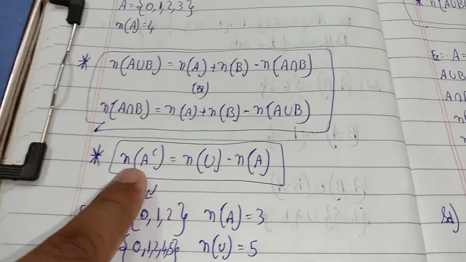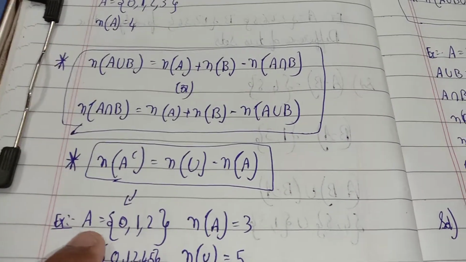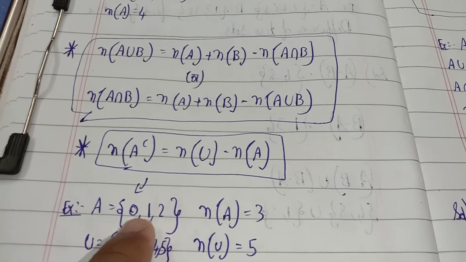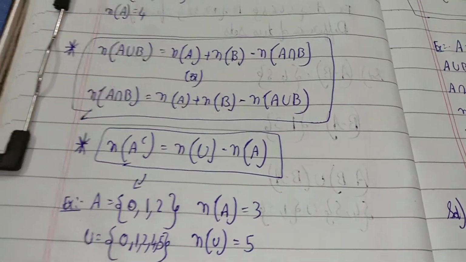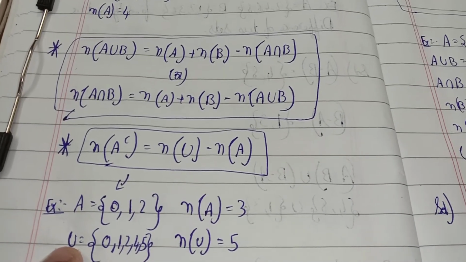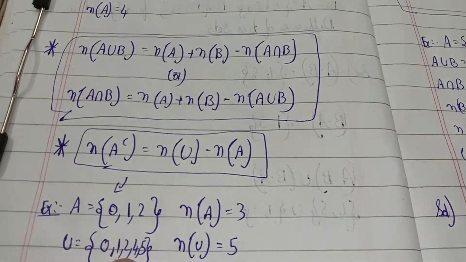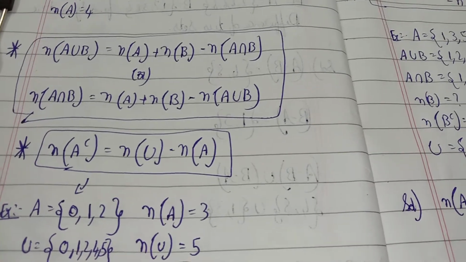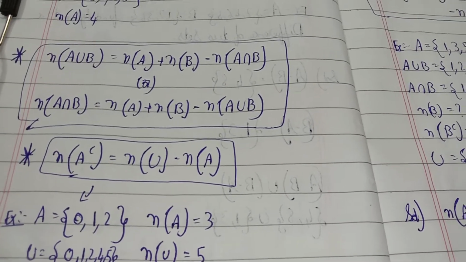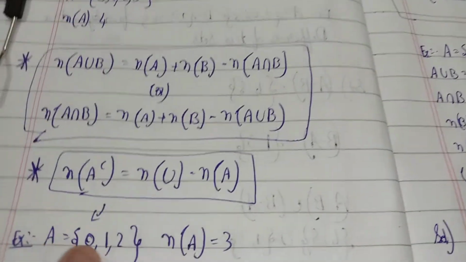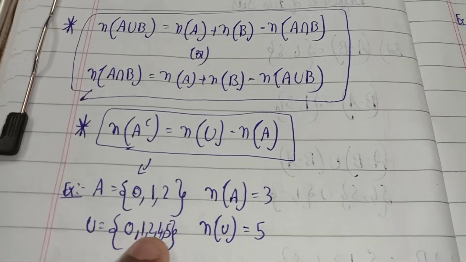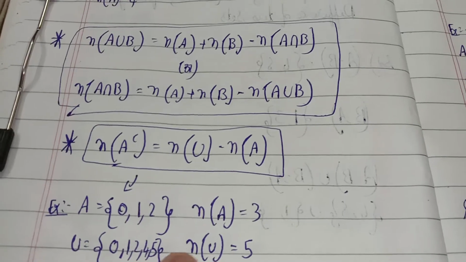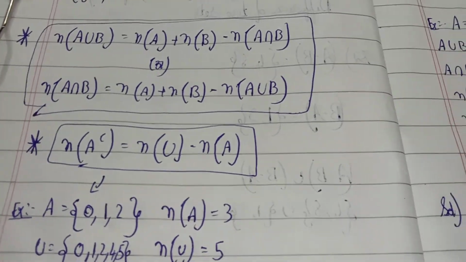I will give an example of this, guys. Example: A equals the given set {0, 1, 2} and N of A we know is 3, and the universal set is {0, 1, 2, 4, 5}, so N of U equals 5.